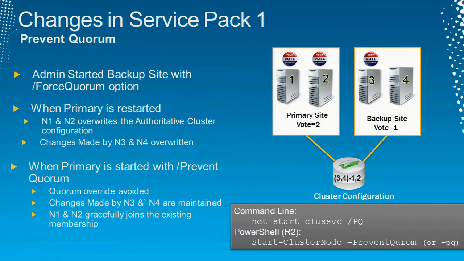The recommendation here is, when you have started a cluster with forced quorum, make sure that when your primary comes back, you start it with the prevent quorum startup flag for the cluster service. This guarantees that the changes made by node 3 and node 4 while running in forced quorum mode can be maintained.